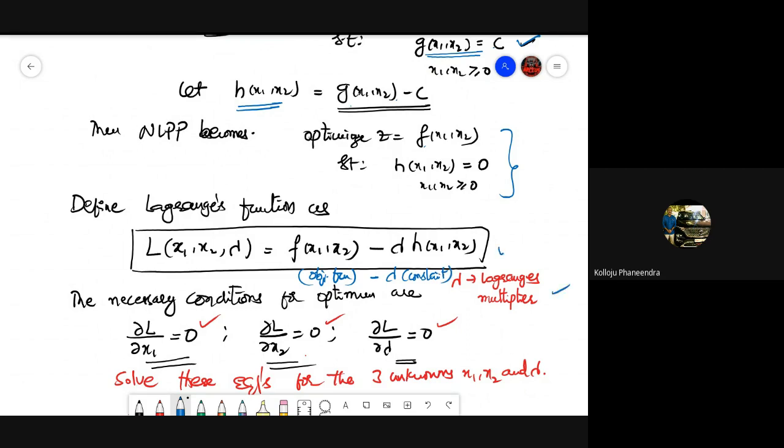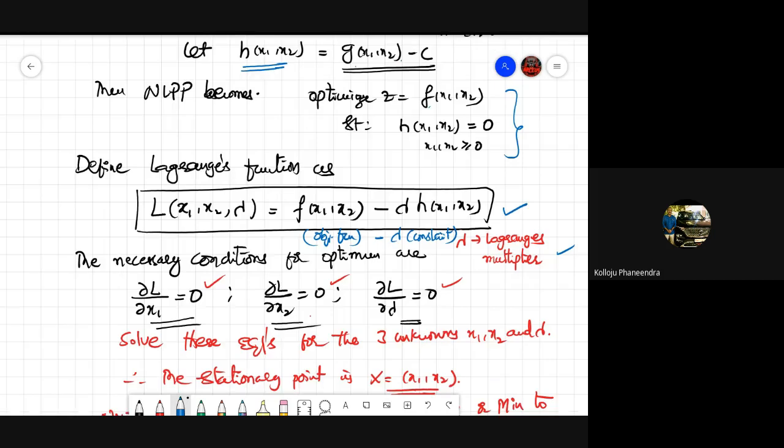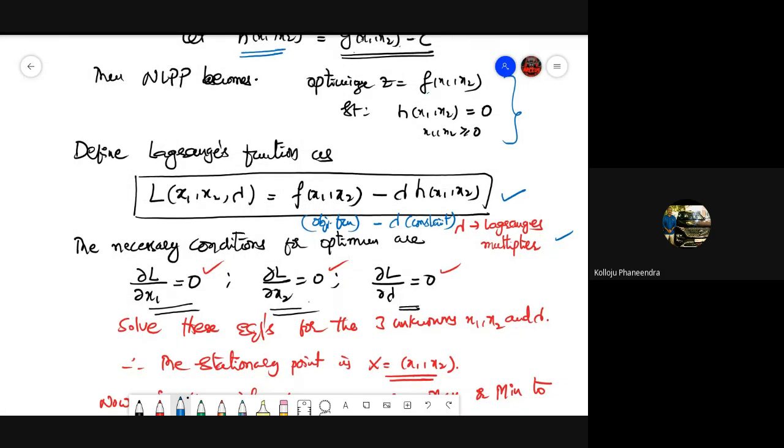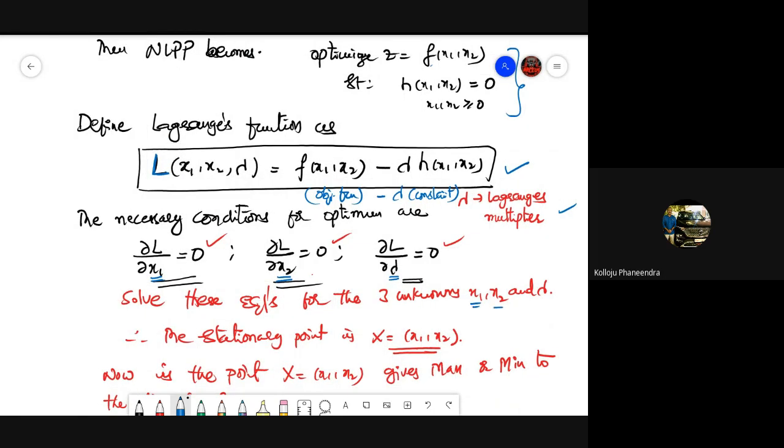And for the optimization, that means to find maxima and minima, the necessary conditions are: first order partial derivatives of L with respect to the unknowns x1, x2, and lambda equal to 0. So I got three equations. Solve them for three unknowns: x1, x2, and lambda. After getting this point, now we have to check whether this point gives maximum or minimum.